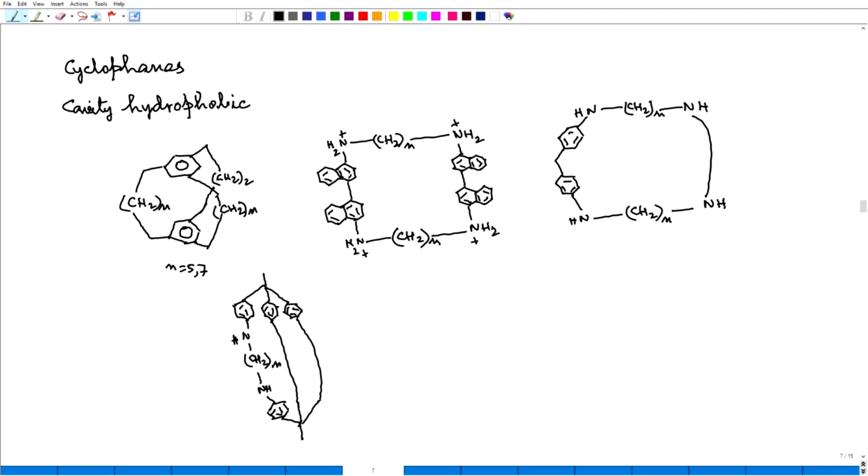They can be made soluble in water on protonation, and they like organic guests mostly.